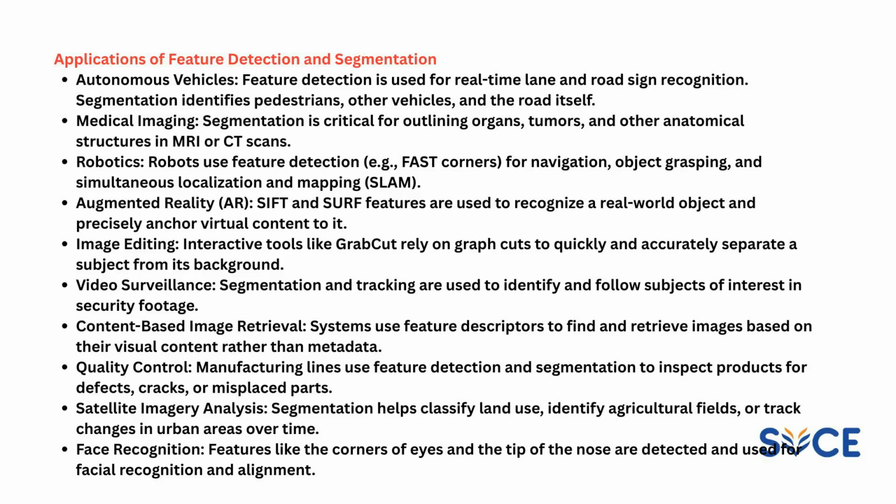The computer vision systems on a production line use segmentation to inspect products for defects like cracks, tiny cracks, patches, scratches or misplacement spots. This automated process is much faster and more accurate than human inspectors.